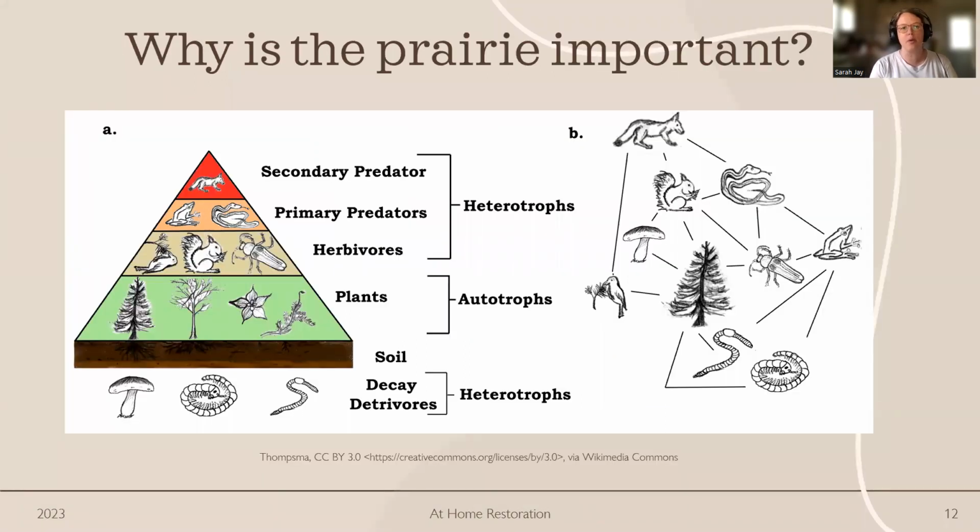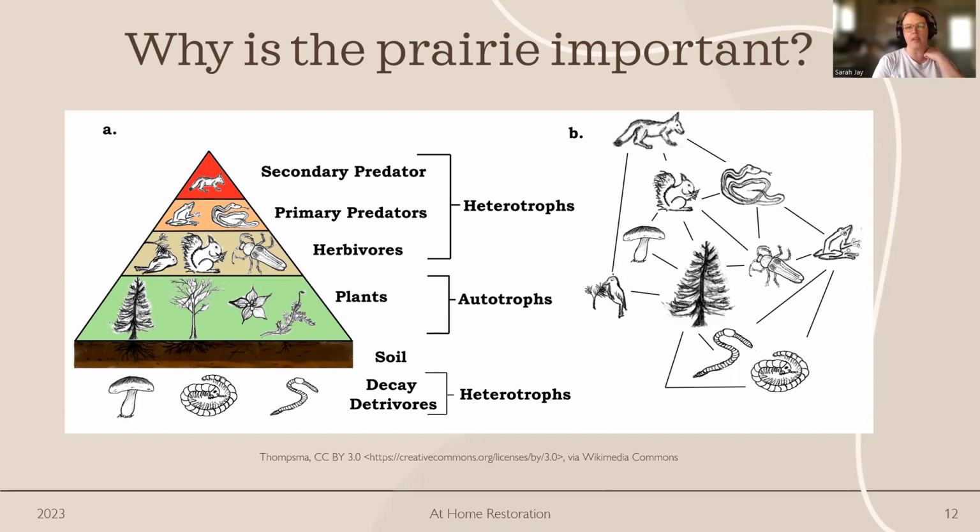So why is the prairie important? Well, basically right here at the bottom of this pyramid, we've got plants. And the prairie is comprised mostly of native plants. These plants feed all those other sections right above there. Herbivores, primary predators, and secondary predators all rely on the prairie, if not directly, tangentially.